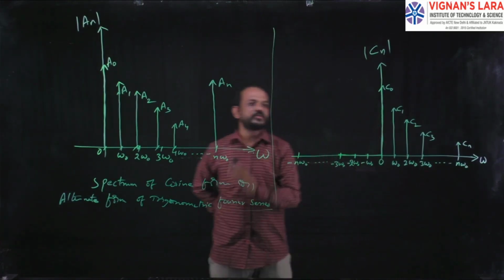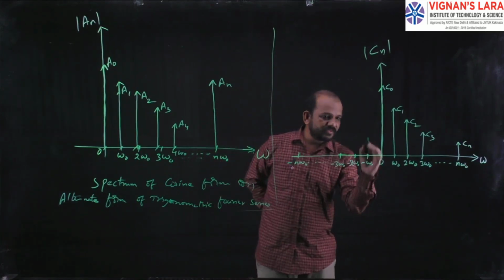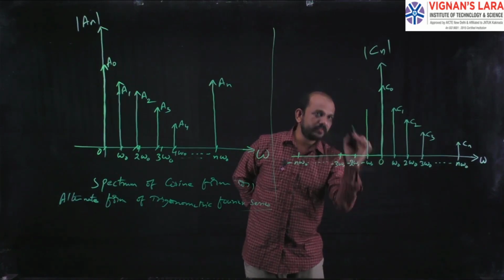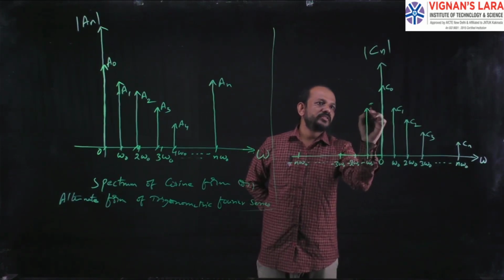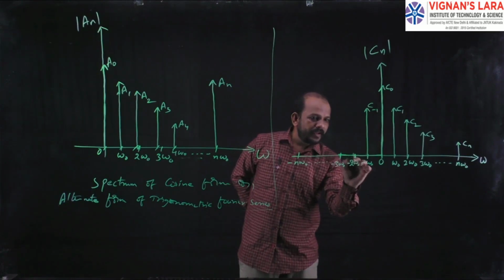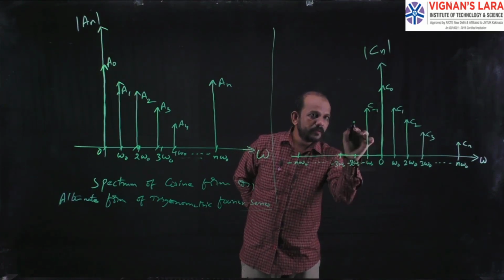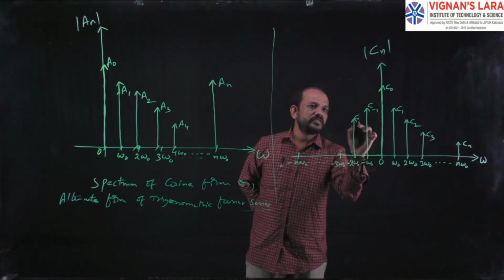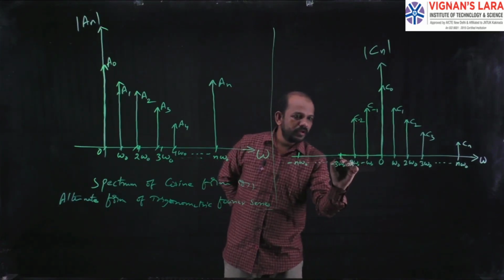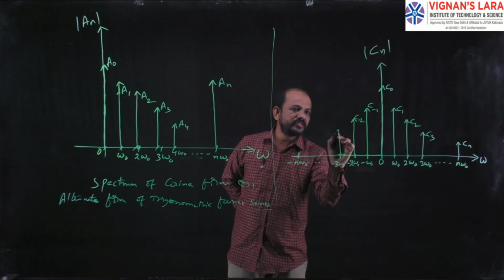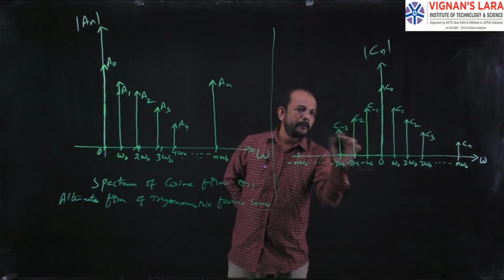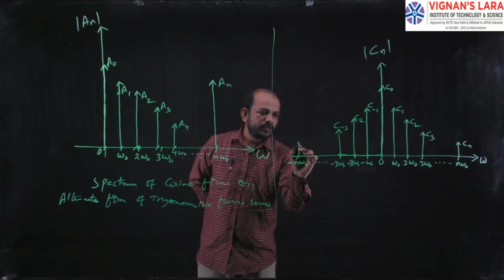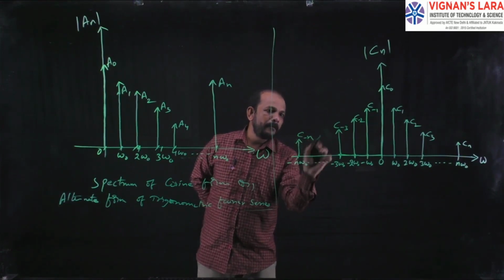For negative frequencies also we get the Fourier coefficients: at minus omega naught we have C minus 1, at minus 2 omega naught we have C minus 2, at minus 3 omega naught we have C minus 3, and at minus n omega naught we have C minus n.